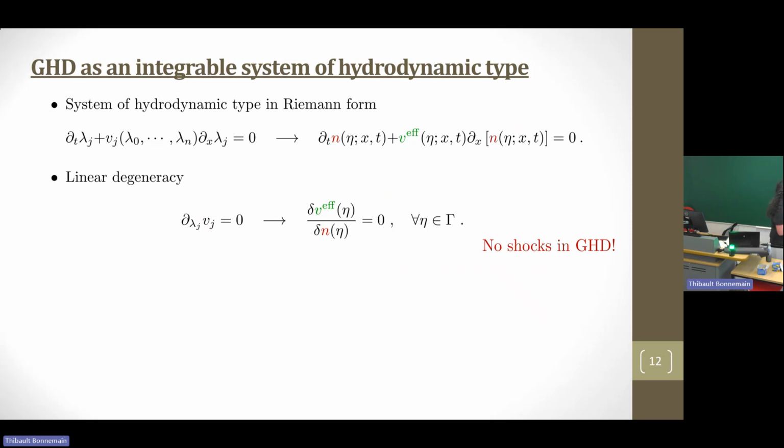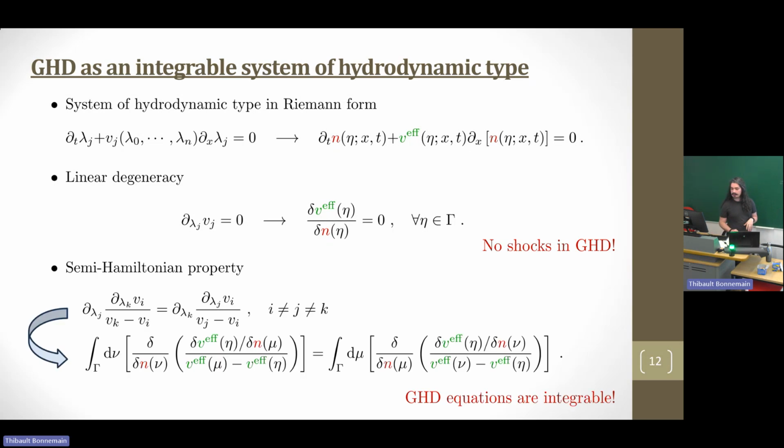And in fact, yes, we can write a continuous version of the linear degeneracy property, and use this to infer that there should be no shocks in GHD. In fact, that's something that's been derived by Ben and his student Friedrich recently through completely different methods.